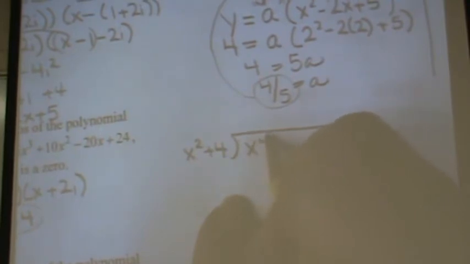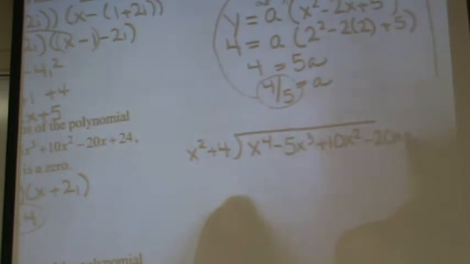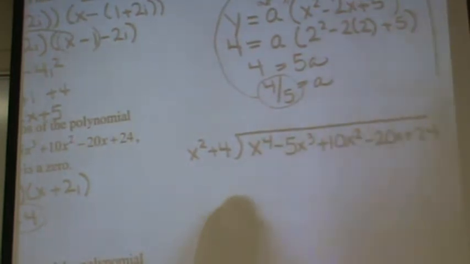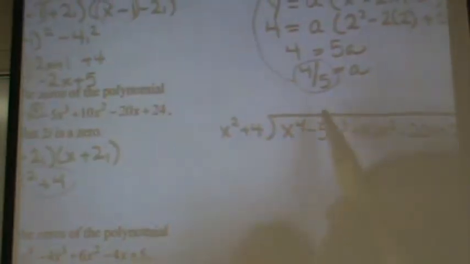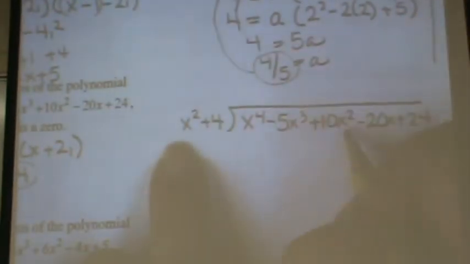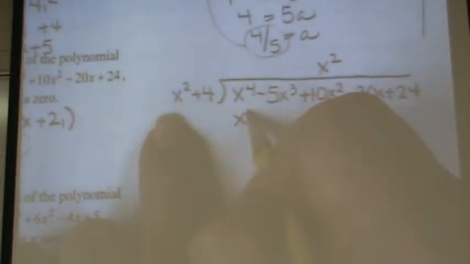Remember this? So let's do x to the 4th minus 5x cubed, 10x squared minus 20x plus 24. What kind of a remainder are we going to get? Why? Because this goes into this evenly. So let's do this. X squared, we need an x squared, right? X squared times x squared is x to the 4th.